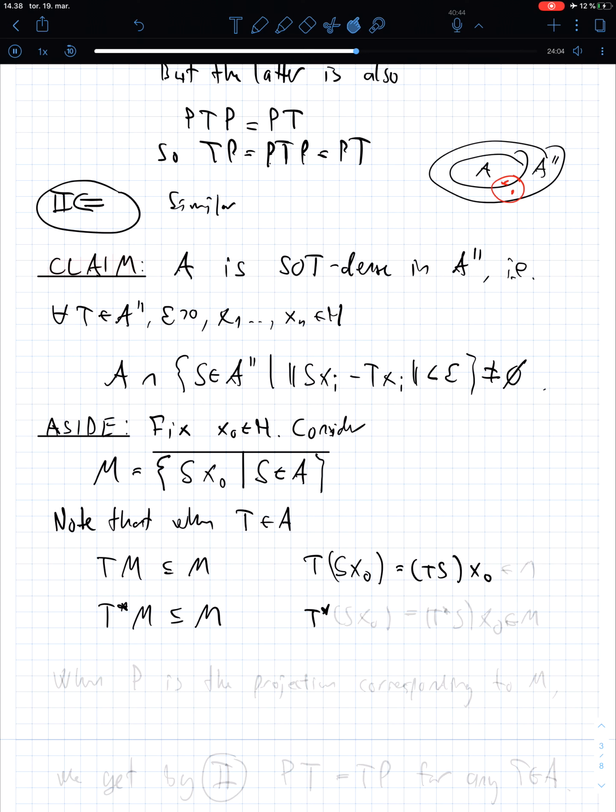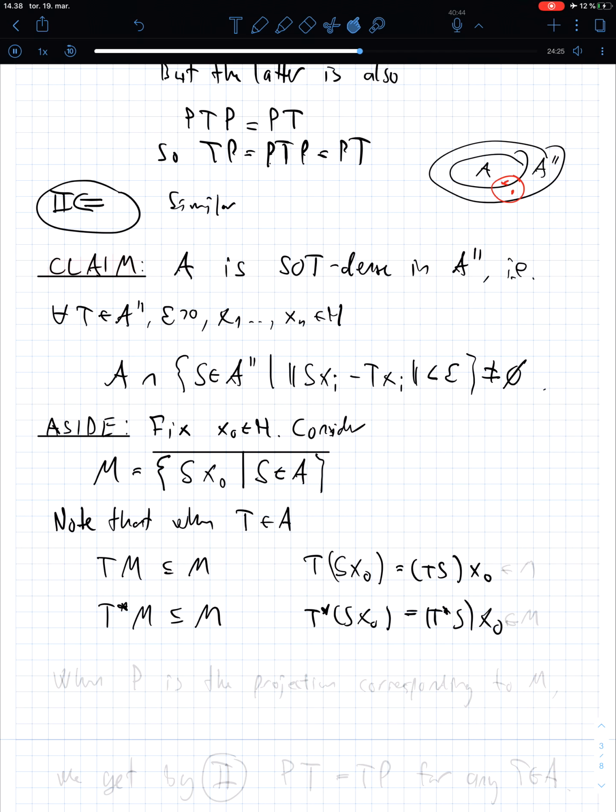And I can do the same with T star, for more or less the same reason. This is the only place in the proof where I'm using that A is a C-star algebra, and this is where I'm using it because I know that T is in A. Because A is a C-star algebra, so is T star.